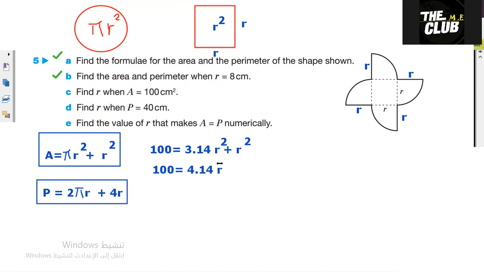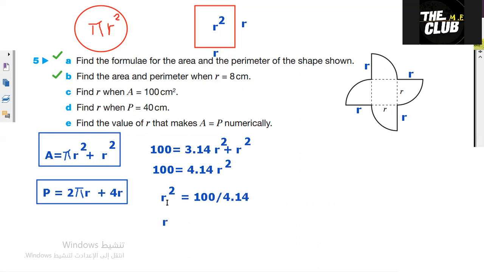Now this one is multiplied by the r squared, so you take it to the other side by dividing. So r squared equals 100 divided by 4.14.